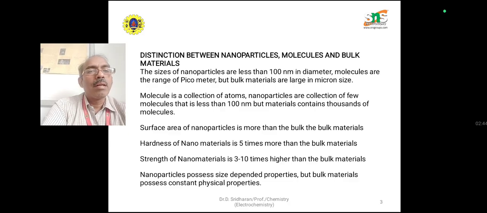So mainly the nanoparticles, with size between 1 and 100 nanometer, have a lot of improvement when we are applying them for devices and fabrications. It enhances the performance of that technology, whereas the bulk materials possess constant physical properties.